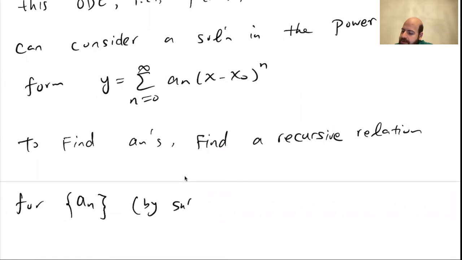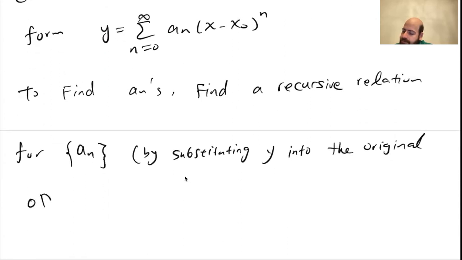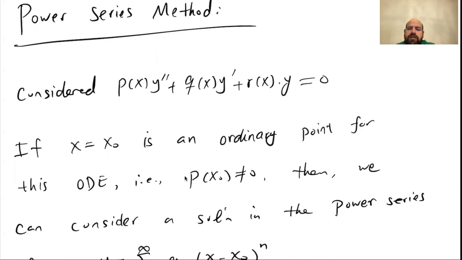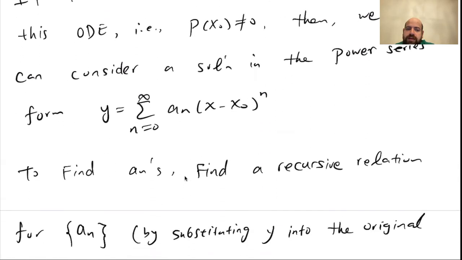By substituting y into the original ODE. If we substitute this y into the original ODE, and then we simplify and compare the coefficients, we can find the recursive relation for a n.